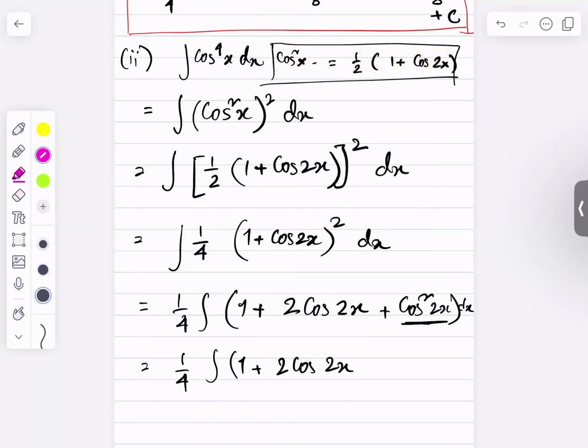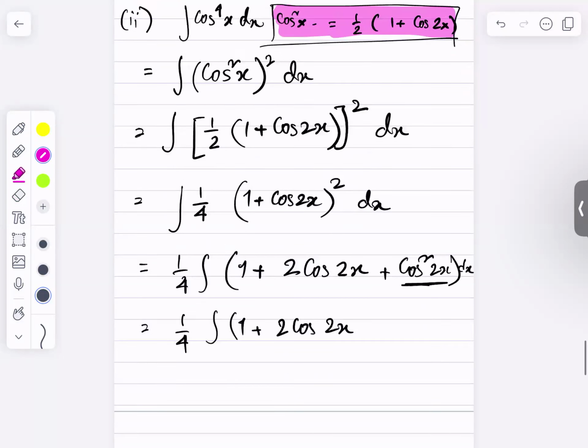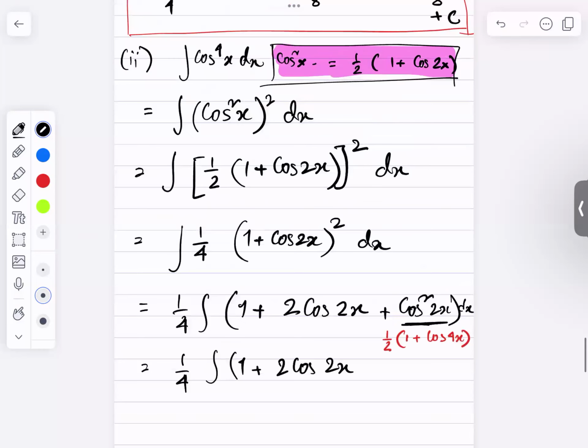Once more, but here I'll use it with cosine square 2x. So this will be half of 1 plus cosine 4x, right? Because when I have x there, I have 2x here.